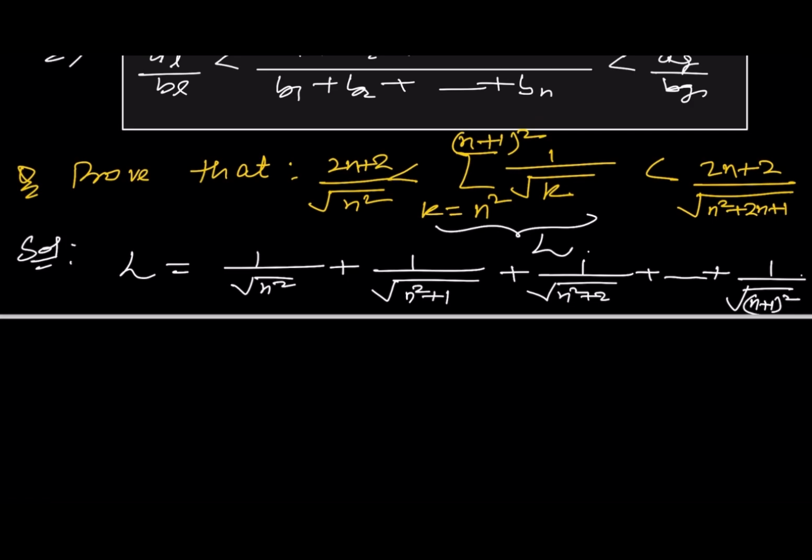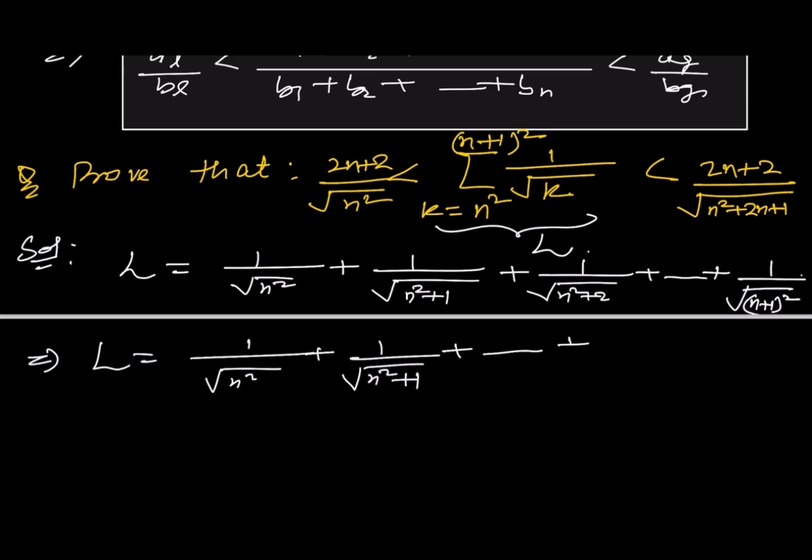As k is moving from n square to (n + 1) whole square, as simple as that. Or L can be written as 1/root(n square) + 1/root(n square + 1) and so on up to plus 1/root(n square + 2n + 1).